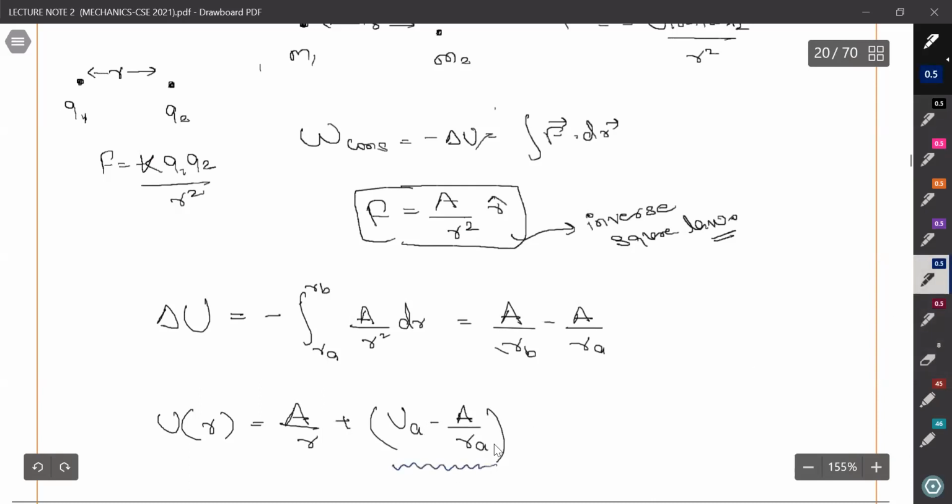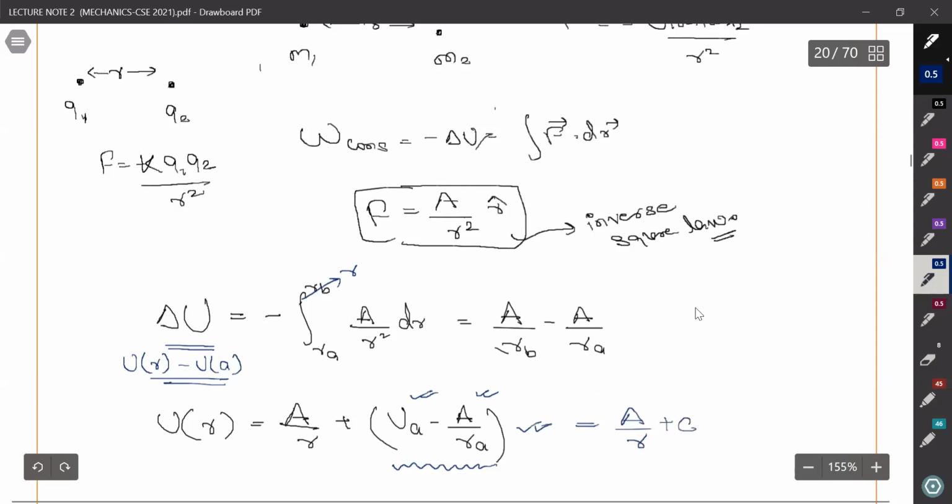This term is a constant: ua is defined, a upon ra is defined. Suppose this is ur, you can say ur minus ua. If we change rb to r, we can write it like this also. This is constant, so you can write a upon r plus c.